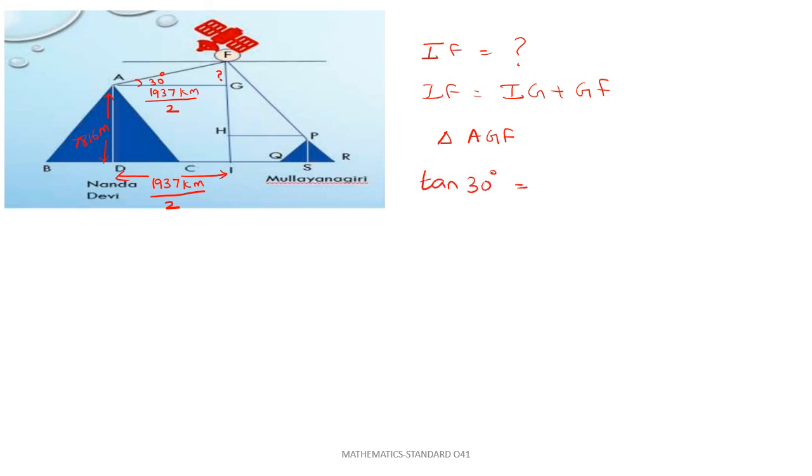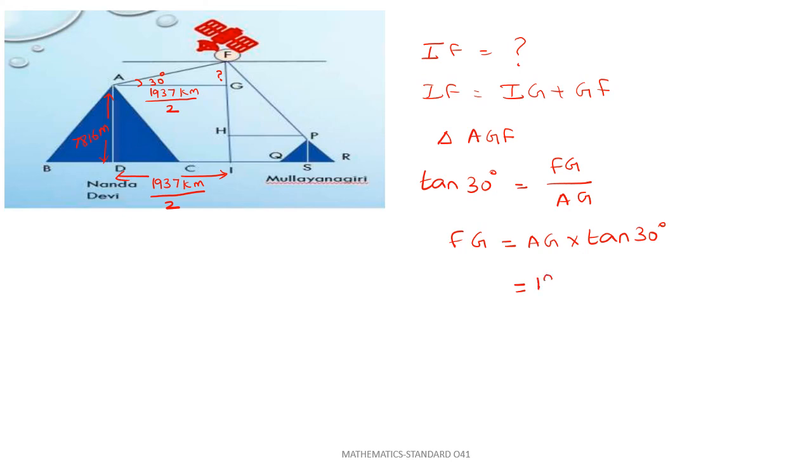Tan 30 degree is opposite by adjacent. So I want to know what is FG. So AG multiplied by tan 30. So we know what is AG.